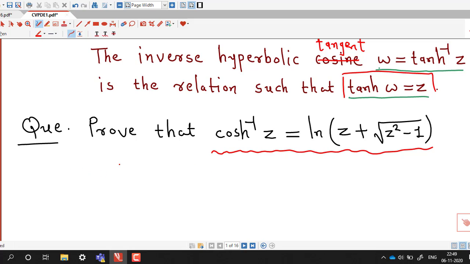As we defined, we have to solve this equation. First we assume that cosh inverse Z equal to, say, W. Therefore we have cosh W equal to Z.